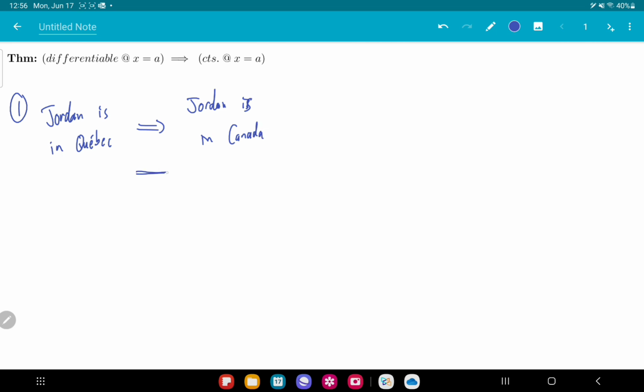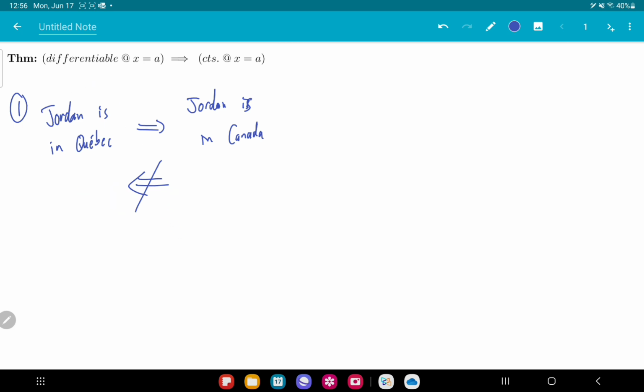But it doesn't work the other way around. So Jordan is in Quebec implies that Jordan is in Canada. But the arrow in the opposite direction is not true. Jordan is in Canada does not imply that Jordan is in Quebec, right?